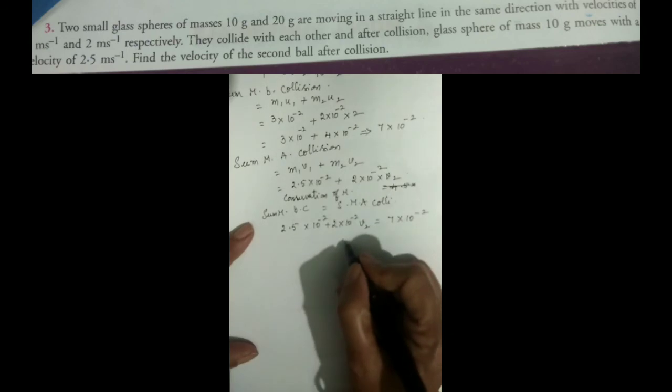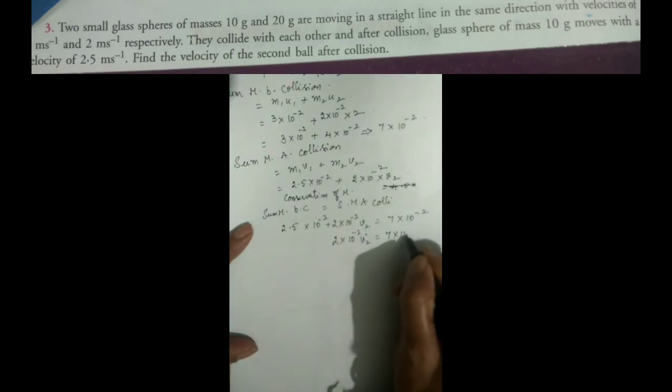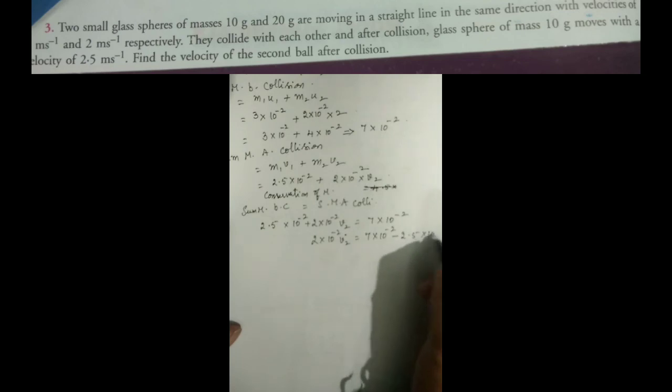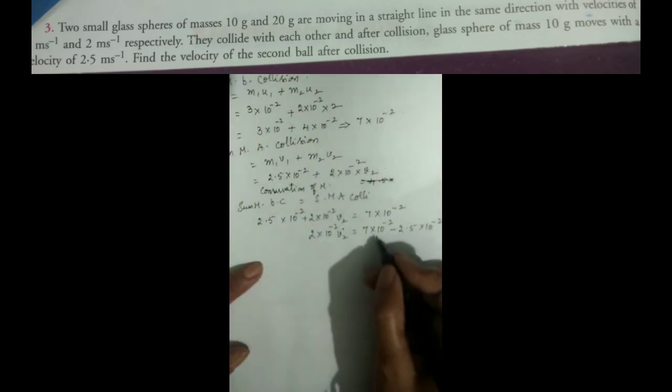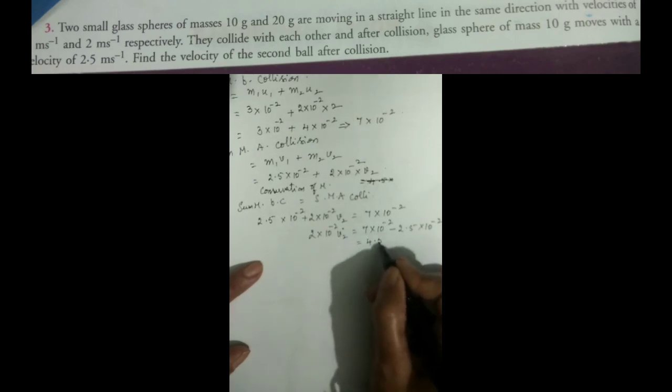So now V2: 2 into 10 to the power of minus 2 V2 is equal to 7 into 10 to the power of minus 2 minus 2.5 into 10 to the power of minus 2. So this implies 4.5 into 10 to the power of minus 2.